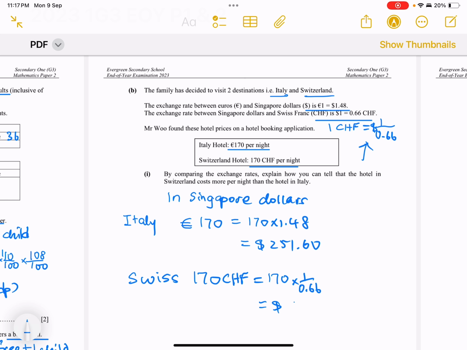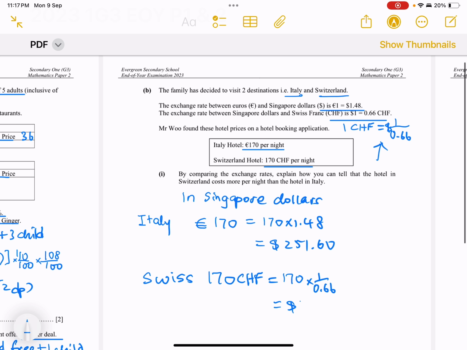So the Swiss franc will give us 257 and 60.